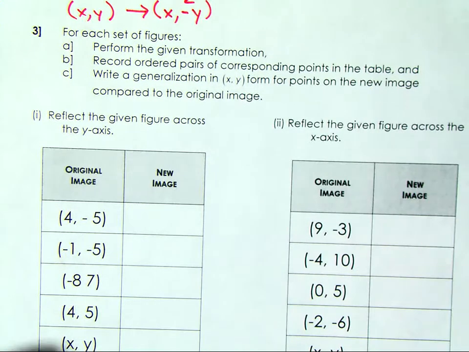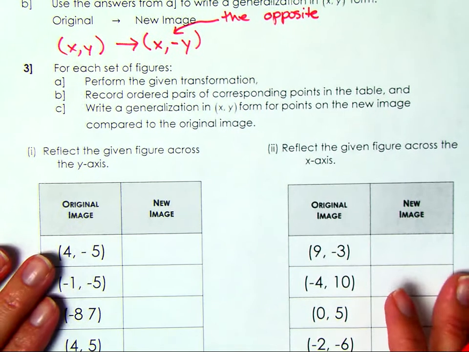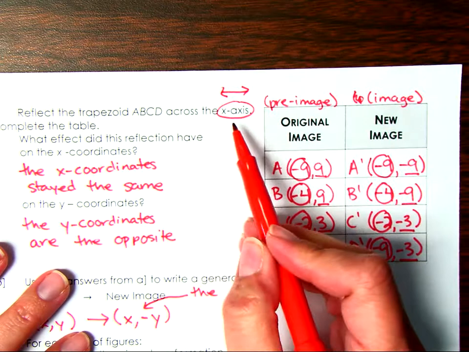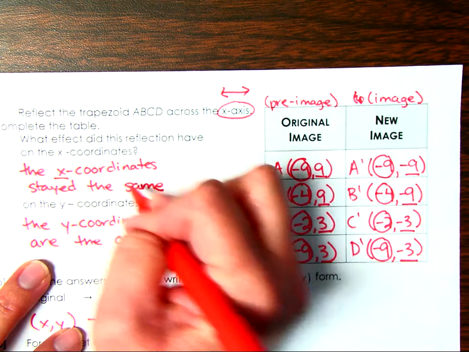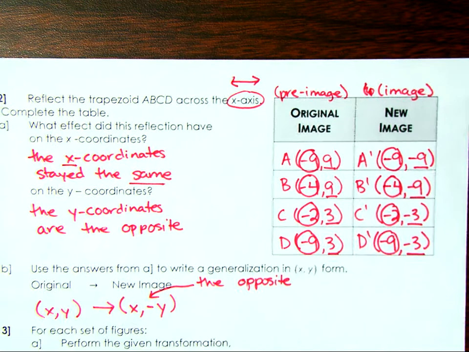Okay? So here's the thing. I want you to try these on your own, but here's kind of the trick, if you haven't noticed it. If we reflected across the x, x-coordinates stay the same. So what's changing are just your y.